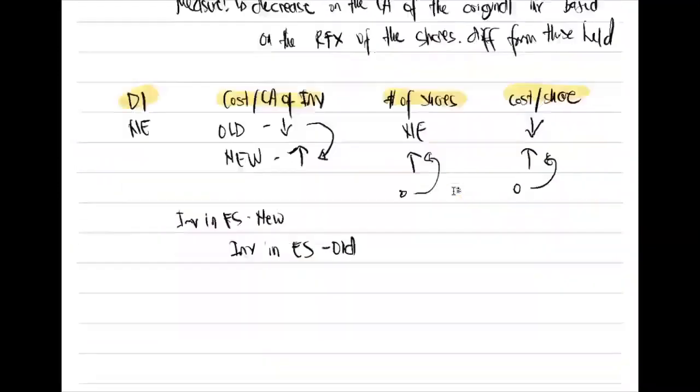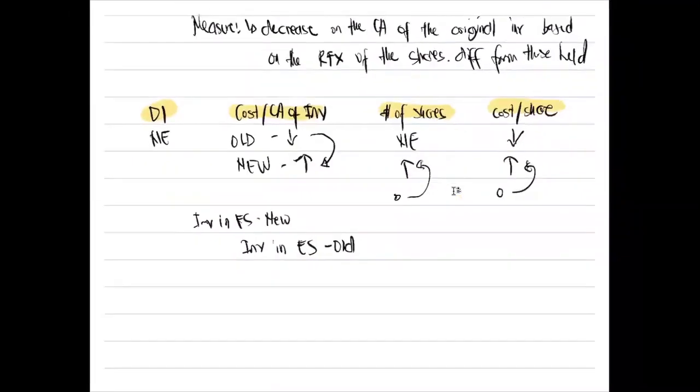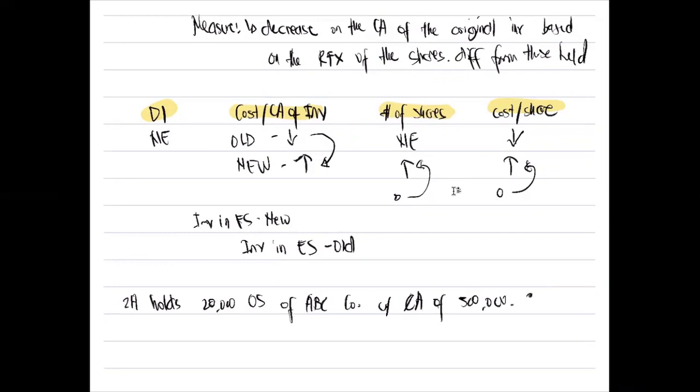Now, let's have an example. A holds 20,000 ordinary shares of ABC company with a carrying amount of 500,000.